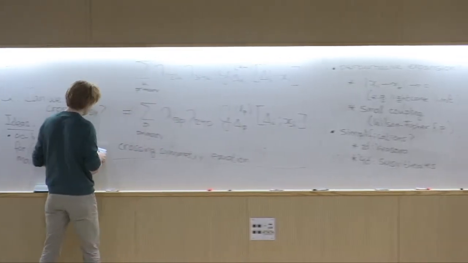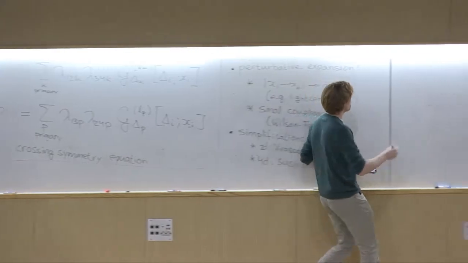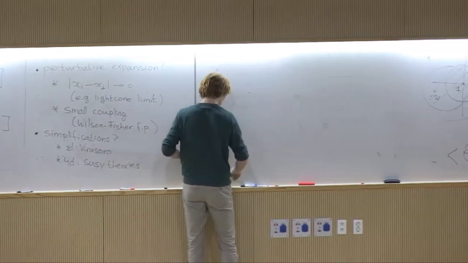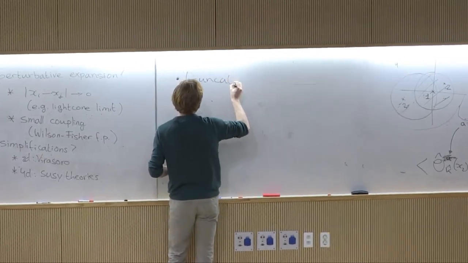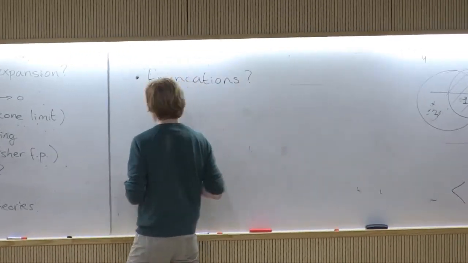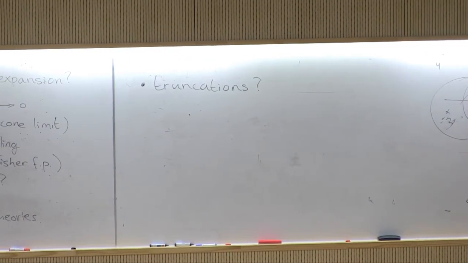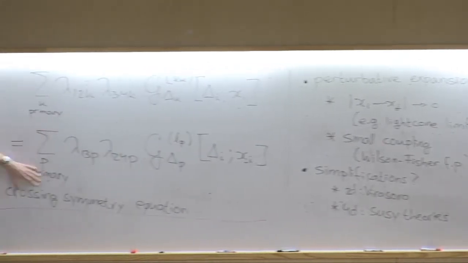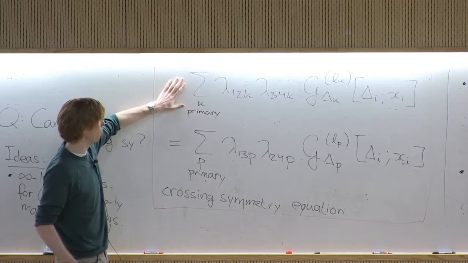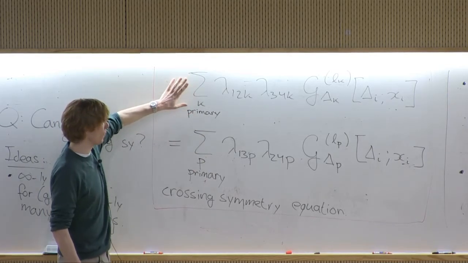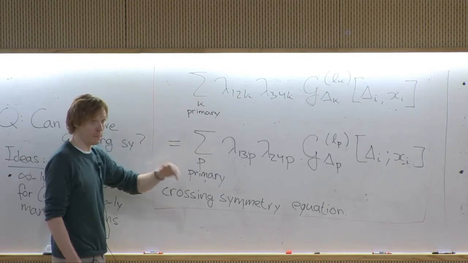You can ask, can we do something crude? Can we do maybe a truncation? We know that in most cases we have infinite sums, but let's just truncate them to a finite sum here, a finite sum there, and see if we can get something.